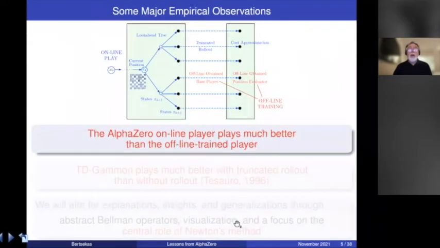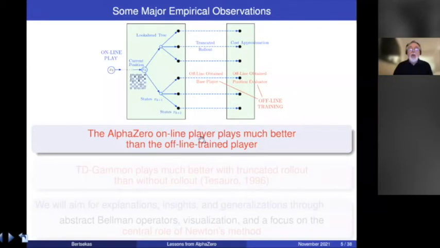So here are some major empirical observations that I want to focus on. Here's the online player. It uses an offline player that has been trained with neural networks, but the online player plays much better in AlphaZero than the offline trained player. This is just a fact, and it's an obvious fact for people that have used these programs.